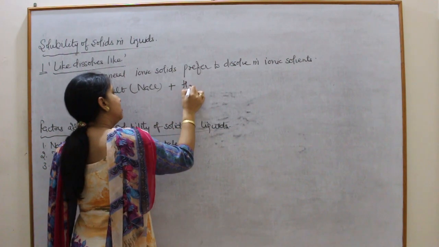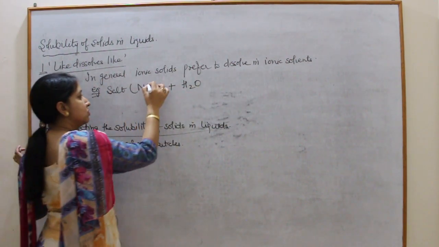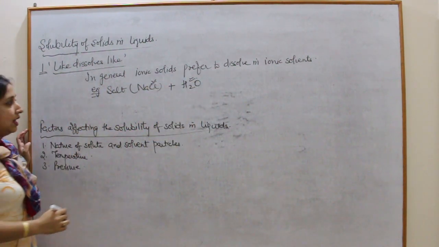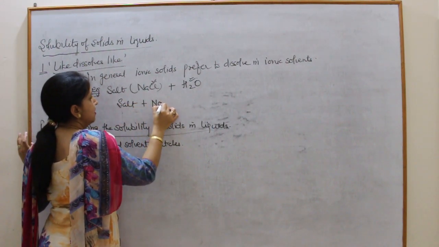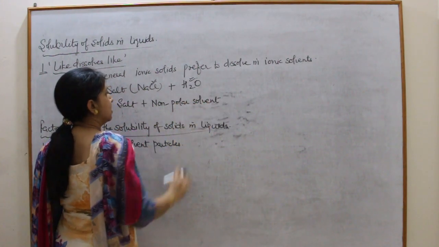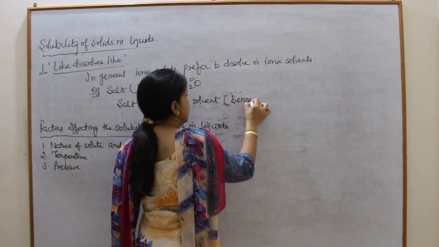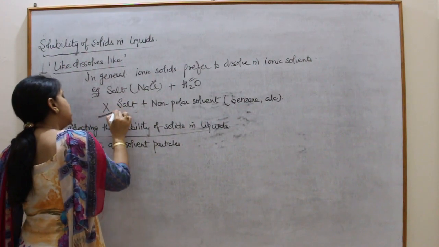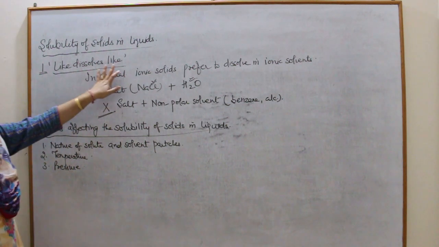For example, water, because water is again ionic in nature, so salt will be readily dissolved in water as compared to salt plus non-polar solvents. Non-polar solvents means which are not ionic in nature. For example, benzene, alcohol, etc. So there will be no solubility. So it has general rule like dissolves like.